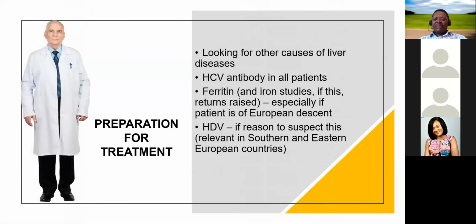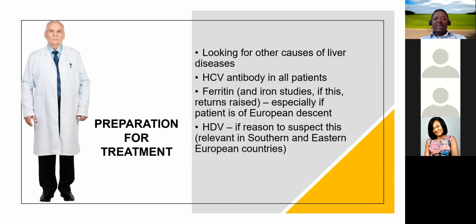How do you prepare a patient for treatment? You look for other causes of liver disease. Do HCV antibody, that is looking for hepatitis C, because that would impact on the way that you treat the patient. Do serum ferritin, especially in those who are Europeans, because it can contribute or complicate treatment as well.